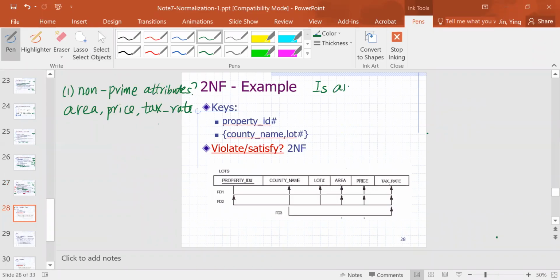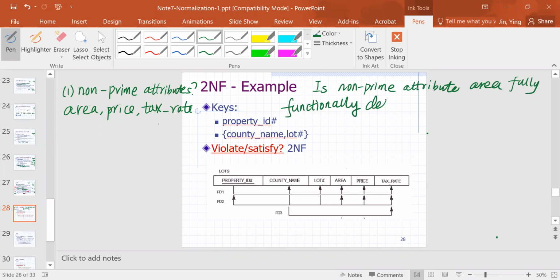So I want to see whether this non-prime attribute is fully functionally dependent on the second key, which is this one, right?